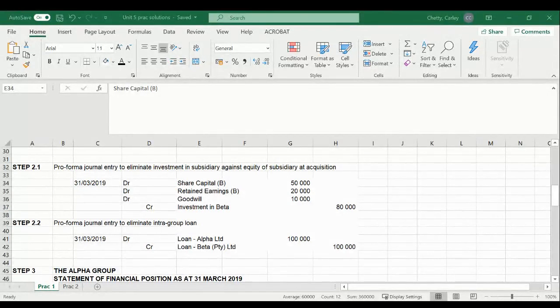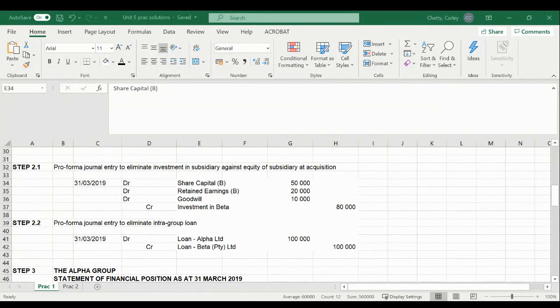Now if we compare the consideration paid of 80,000, Alpha paid 80,000 Rand to acquire Beta, to the value of what was acquired, we can see that the value of the equity of Beta is 70,000. So we paid 80,000 Rand for something that is recorded as 70,000.